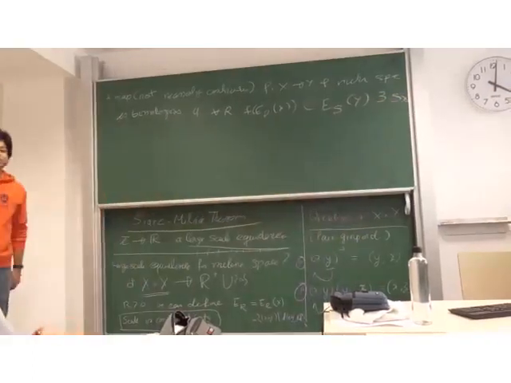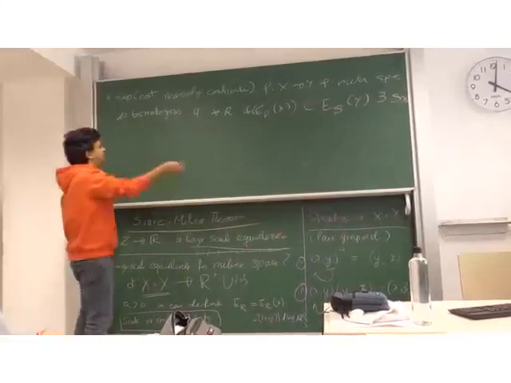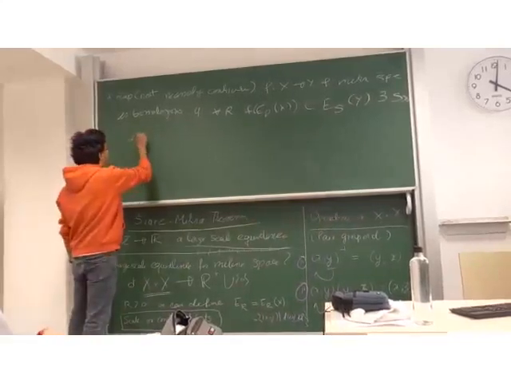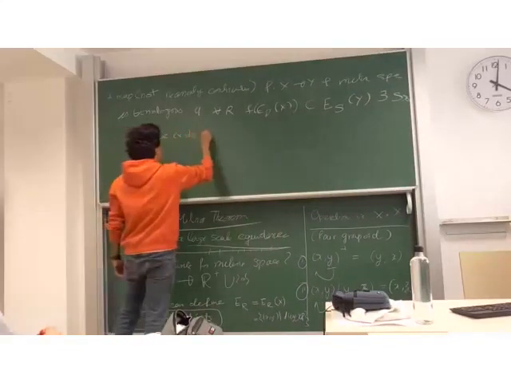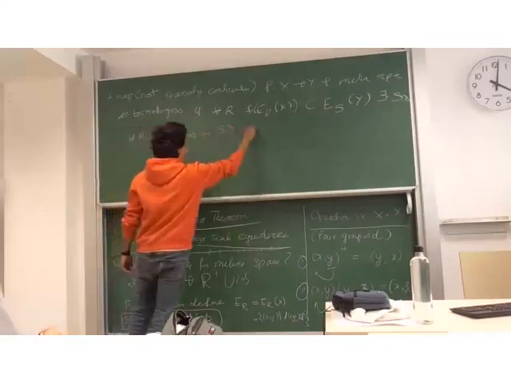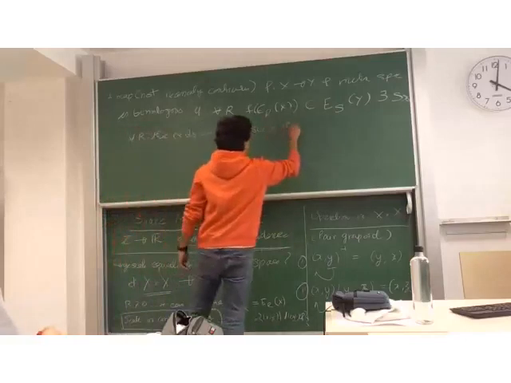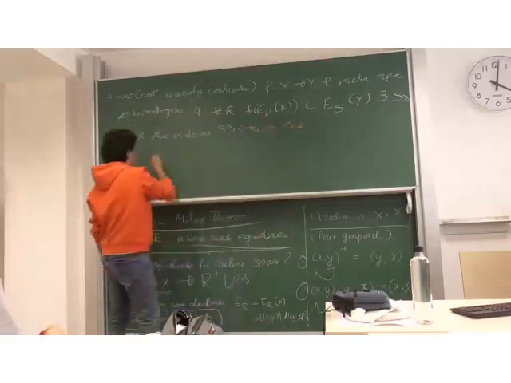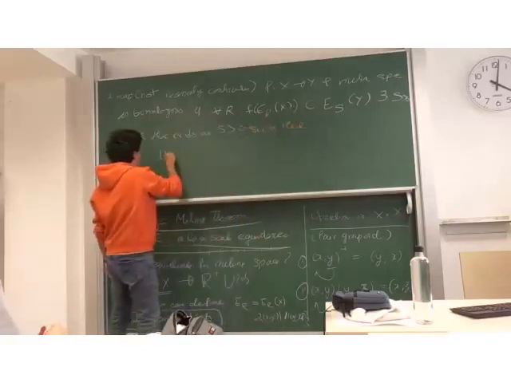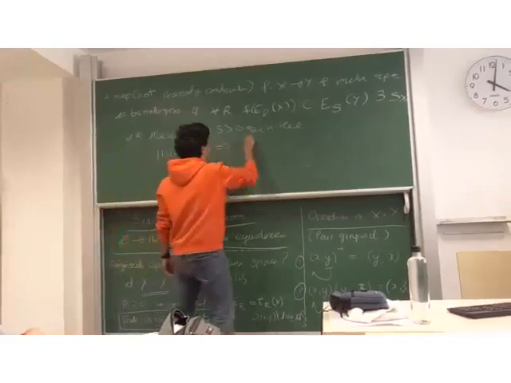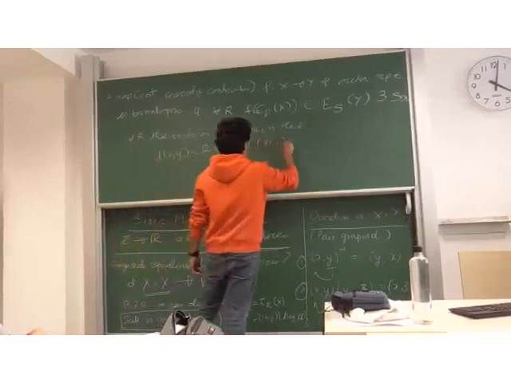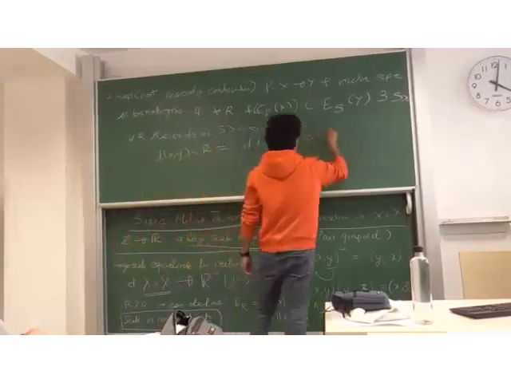Let me write it in plain simple English. For every r, there exists an s greater than 0 such that d(x,y) less than r implies d(f(x), f(y)) is less than s.